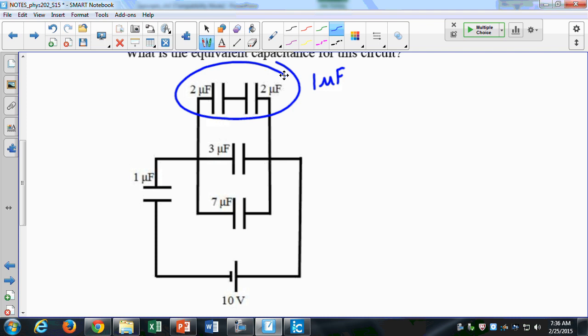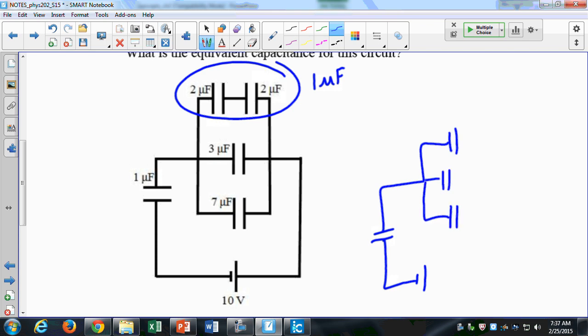And then the next step in finding the equivalent capacitance would be to take that which is either only series or only parallel. I'm going to redraw the whole circuit here. I have a 1, a 3, and a 7, and then a 1 microfarad capacitor.